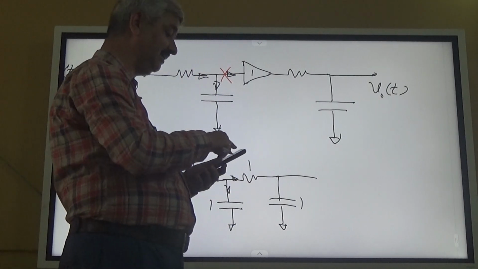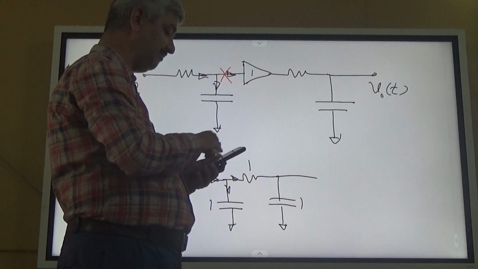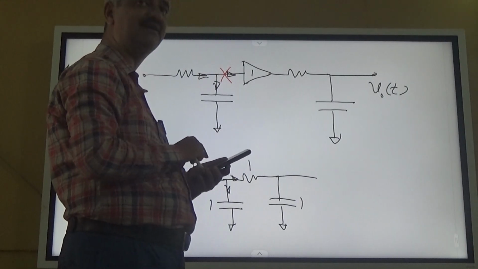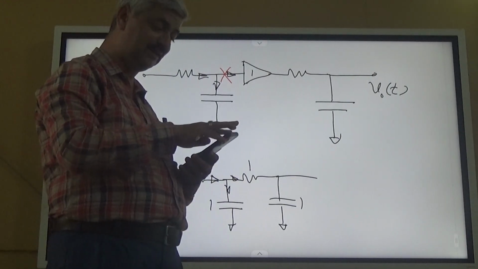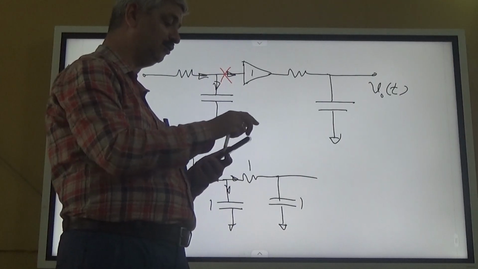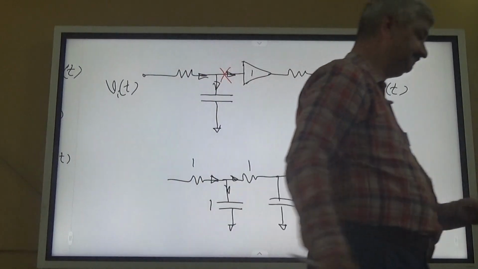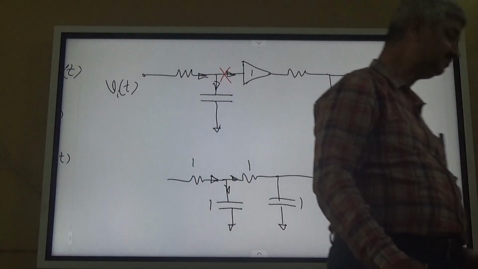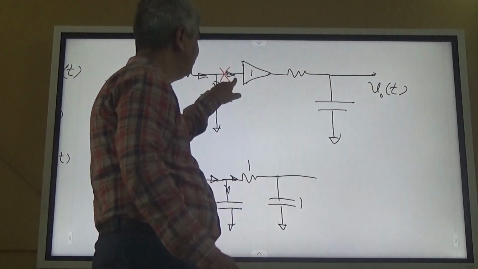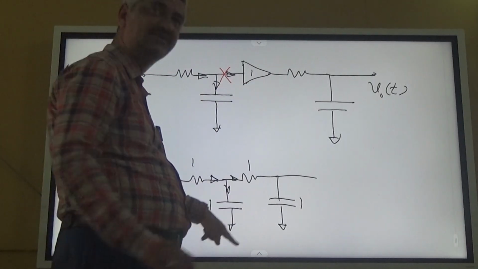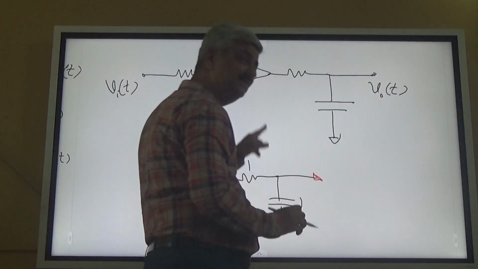That amplifier ideally has infinite input impedance, so the amplifier doesn't draw any current. Correct? So the differential equation we get in this case and in this case are different.